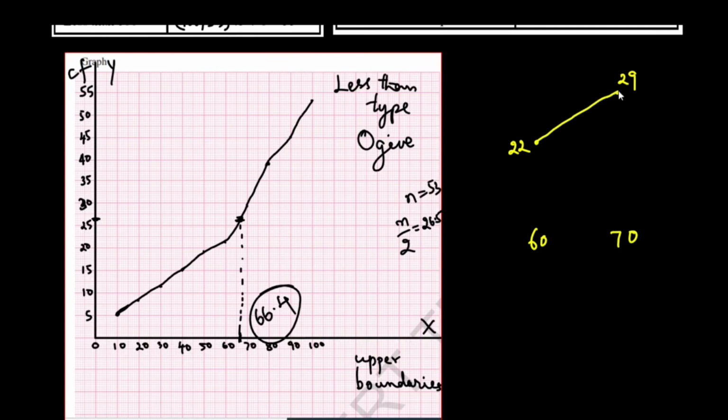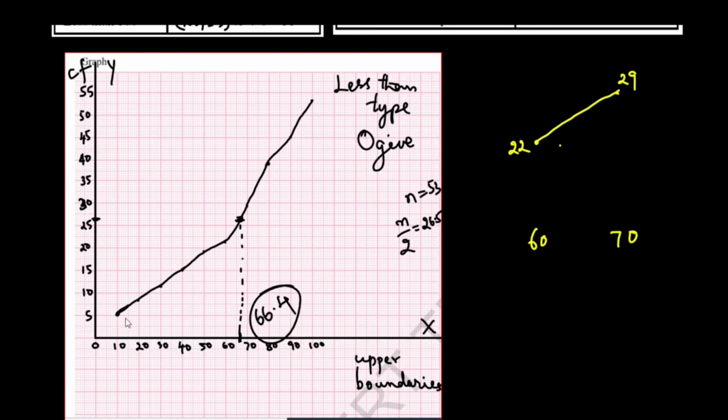But we cannot say that it is exactly a straight line. It may be a curve. When we take all the points in this ogive curve into consideration, we will get a more correct estimation. By using the formula, we may not get a more correct estimation; by using the ogive curve, we will.